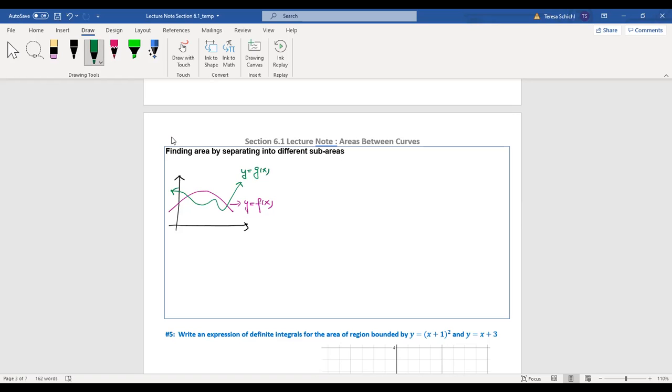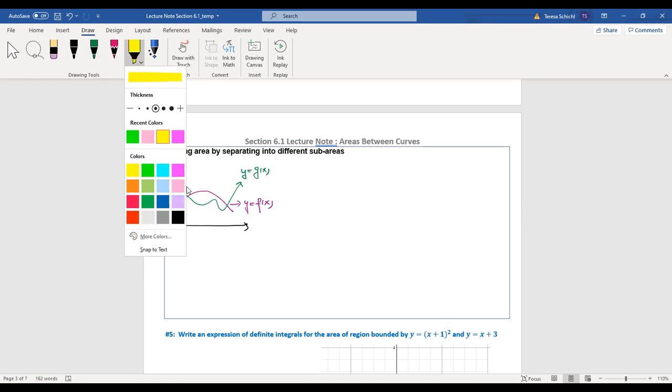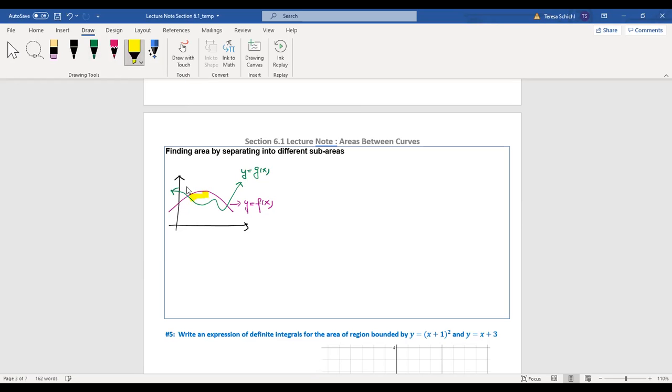Now I want to find the area between these two curves, so basically this yellow area.